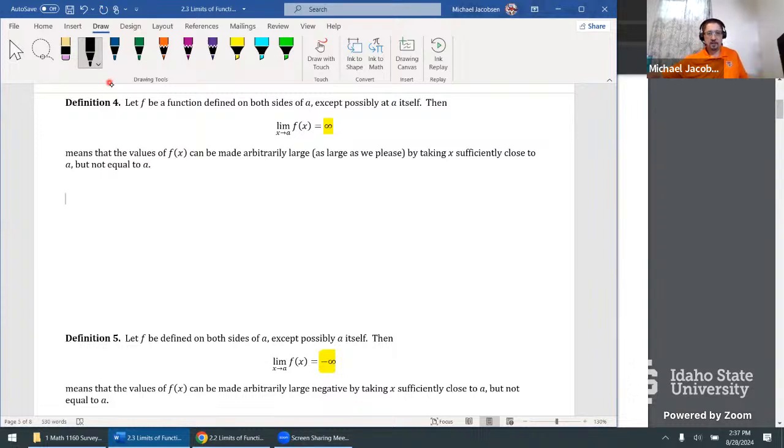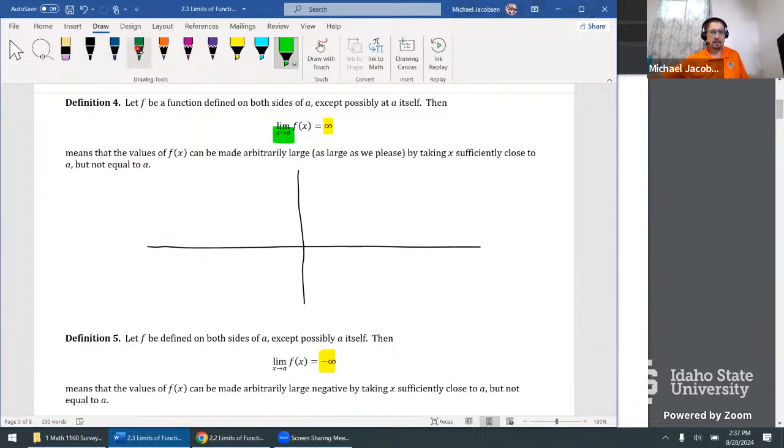Let's put maybe 2 different values. It says as x approaches a, but we need something concrete to get a feel for this. So for the first a value, let's let this one be, how about a 3? For the a value down here, let's let this one be a -1.